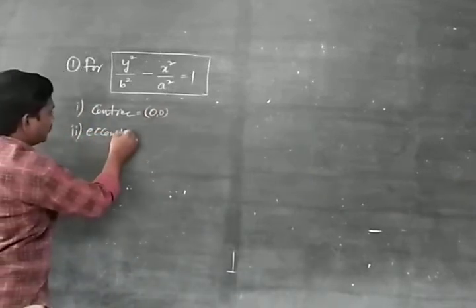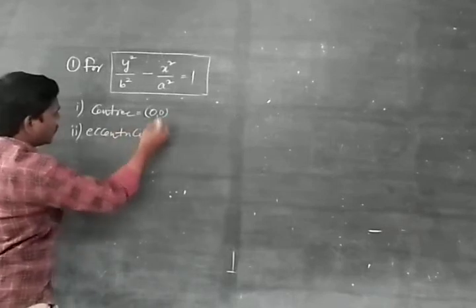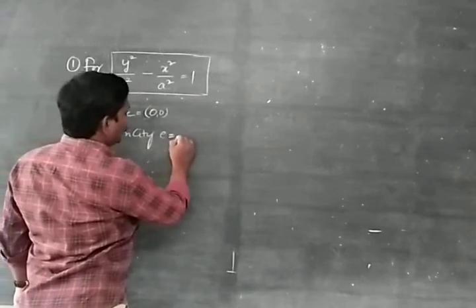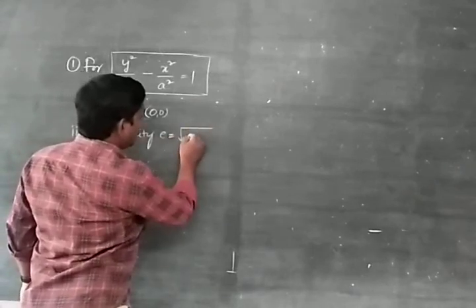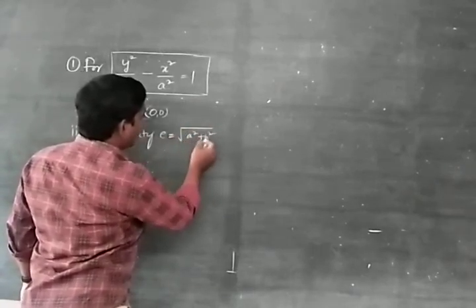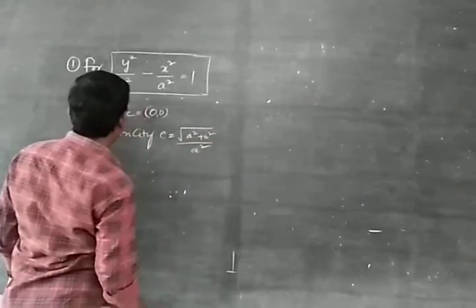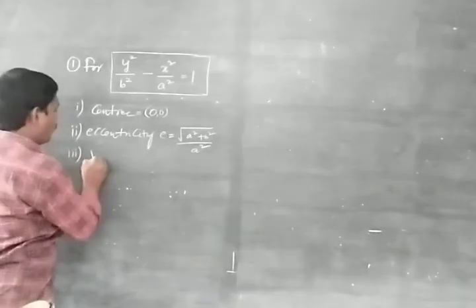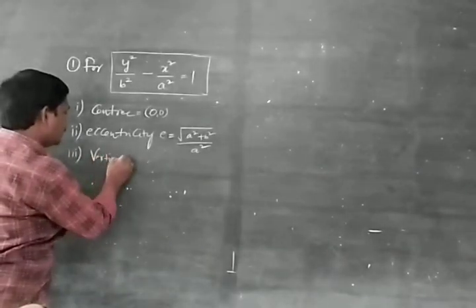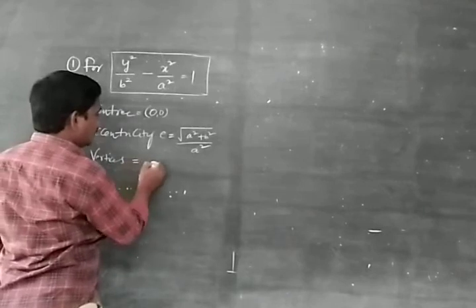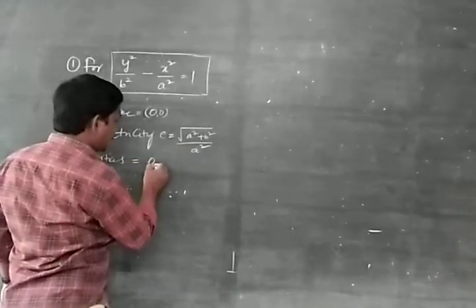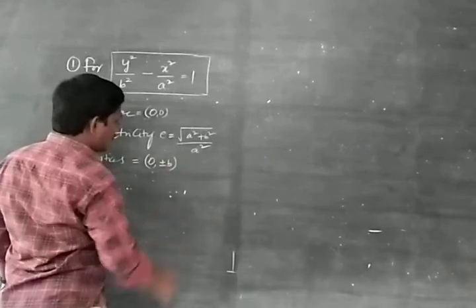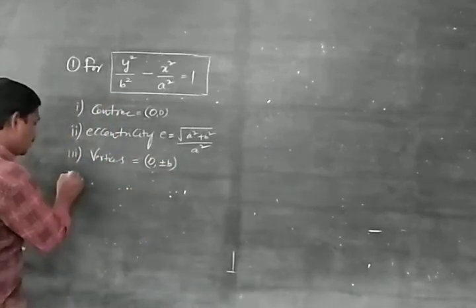Eccentricity equal to root of a square plus b square by a square. And third one, vertices 0, plus or minus b.